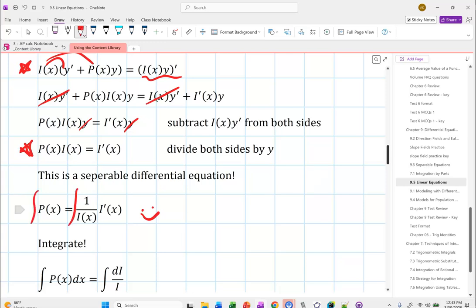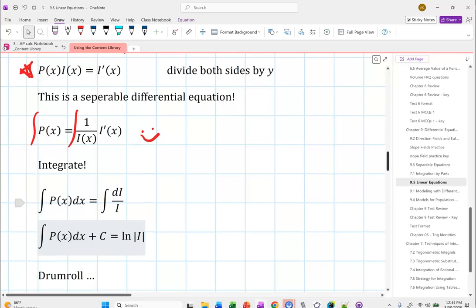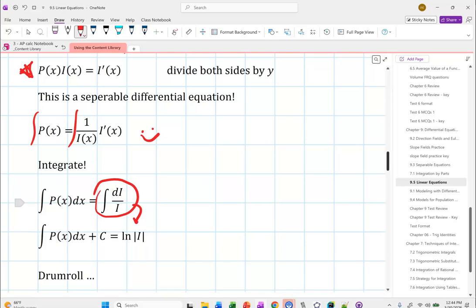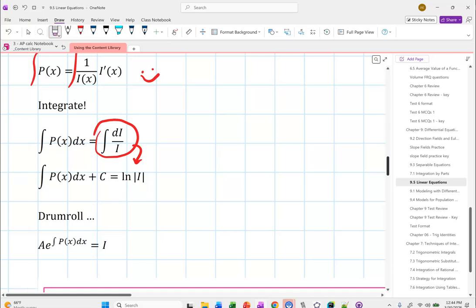If we integrate both sides, we'll have the integral of p of x dx equals the integral of dI over I. Well, that is just the natural log of I. And then if I do exponent base e to both sides, that cancels the natural log.